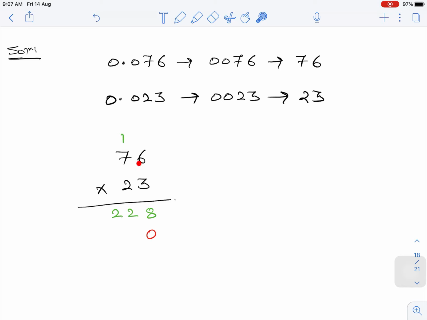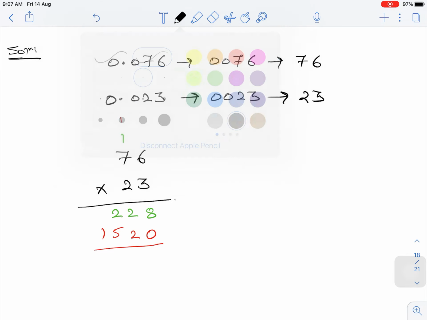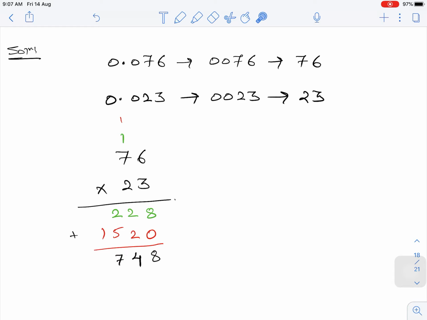Now we will multiply this 76 by 2. 2 6s are 12. So 1 here, 2 here. Then 2 7s are 14 plus 1, so that will be 15. Now what will be our answer? 8 plus 0, 8. Then 2 plus 2, so that will be 4. Then 2 plus 5, it will be 7, and our final number 1.